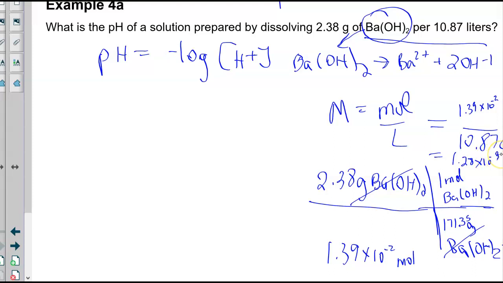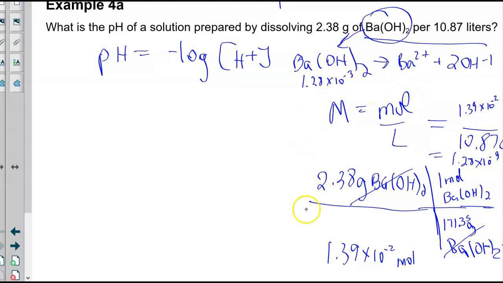Let me write that up here. That's going to go right here in this spot, because all of this work here gave us the value of 1.28 times 10 to the negative third. I'm going to make that a little bit cleaner. There we go. All of this work here I'm going to erase in just a second, but you do want to show that work.